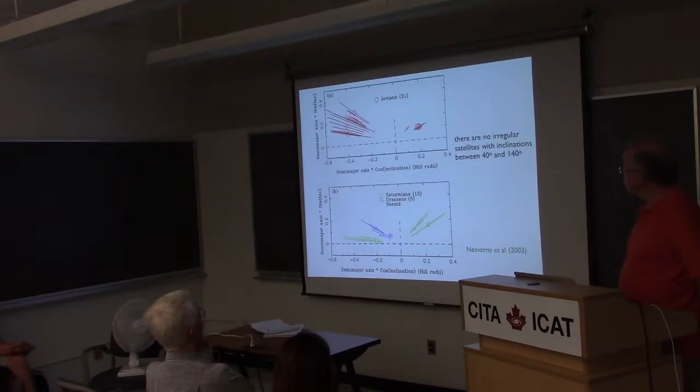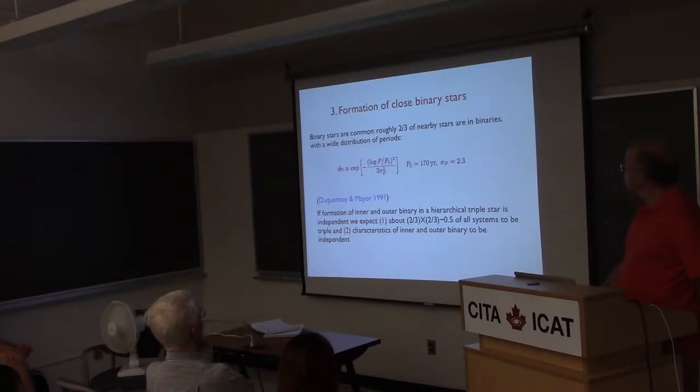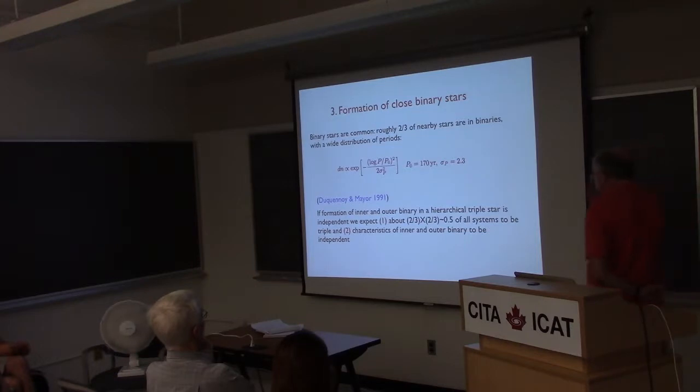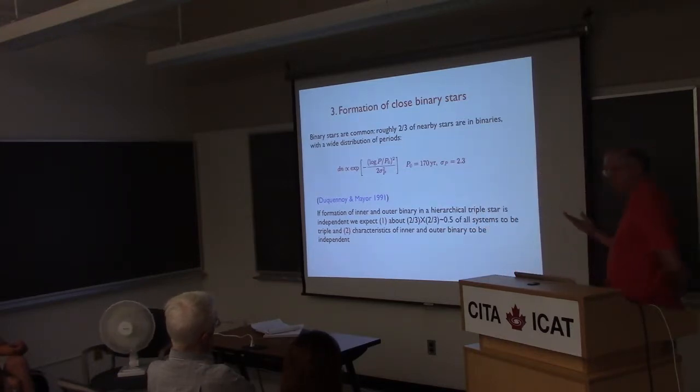They're also relevant for the formation of binary stars. Roughly 2/3 of stars in the solar neighborhood are binaries. A significant fraction of them are also triples.